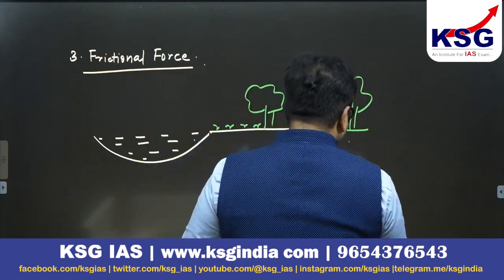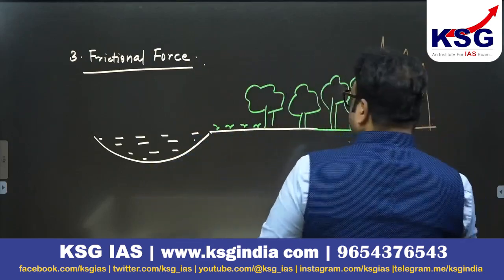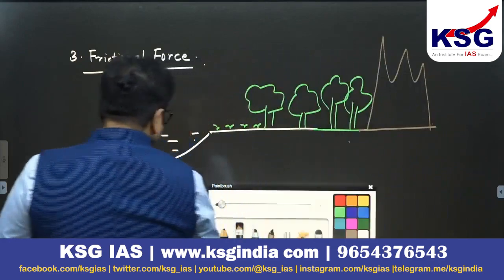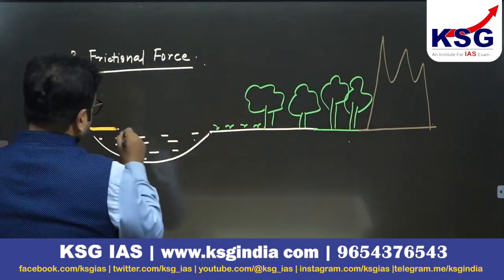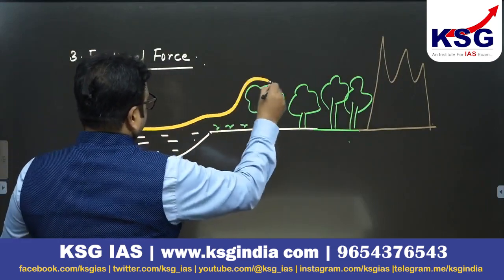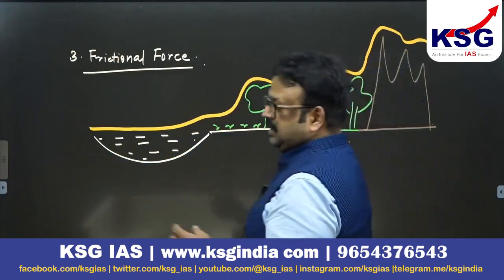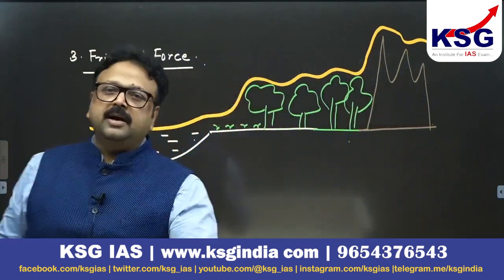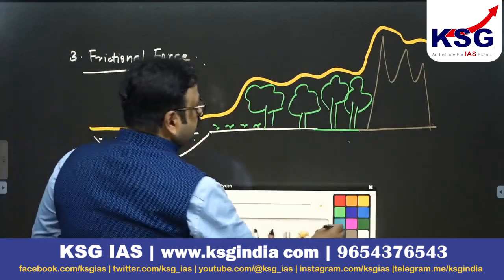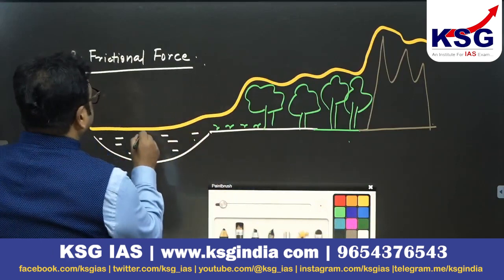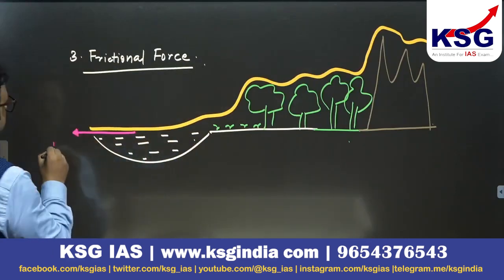So you are going to have different types of surfaces on the ground, and movement of air is taking place over it. And because of different surfaces, there is continuous frictional drag acting upon this air movement, and that is always going to be opposite in its direction. So if you see, this is what? Frictional force.